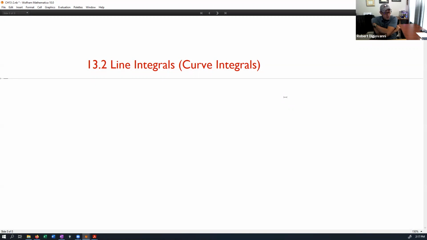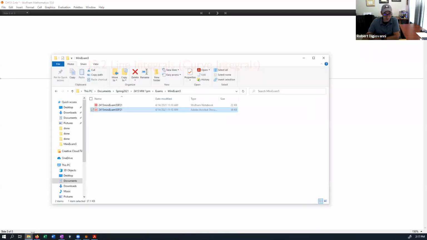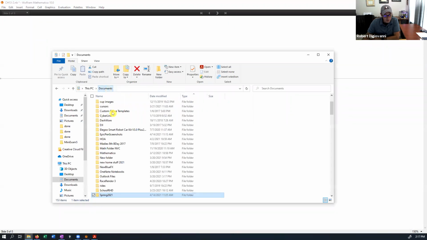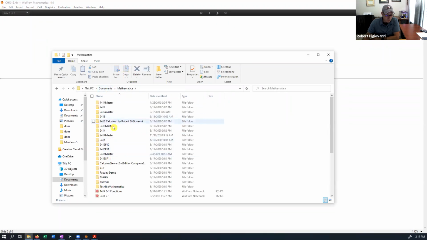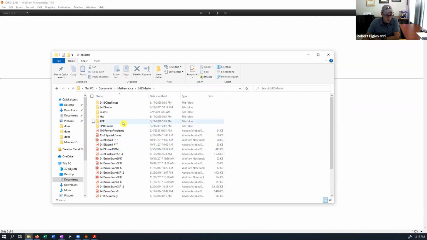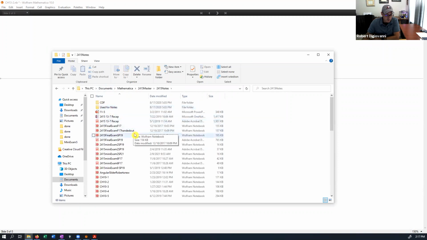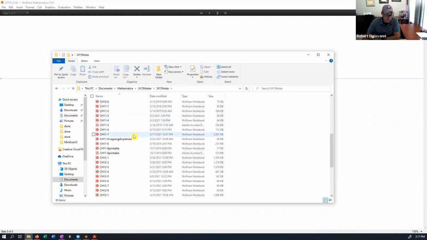All right, here's where things start getting pretty messy. I was looking through my notes, my documentation that I have for this class. And when I get to my notes for everything, I have a special set of notes just for chapter 13, section 2. Just the formulas from this section.